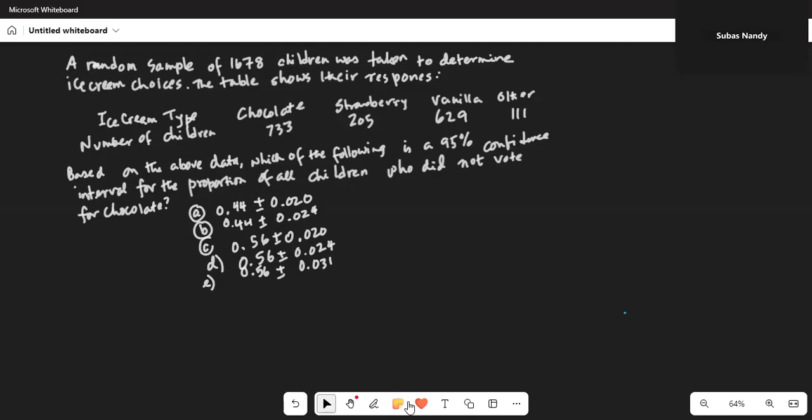Okay, so this is a problem on confidence interval. First I have to find out the sample proportion of children who did not like chocolate.